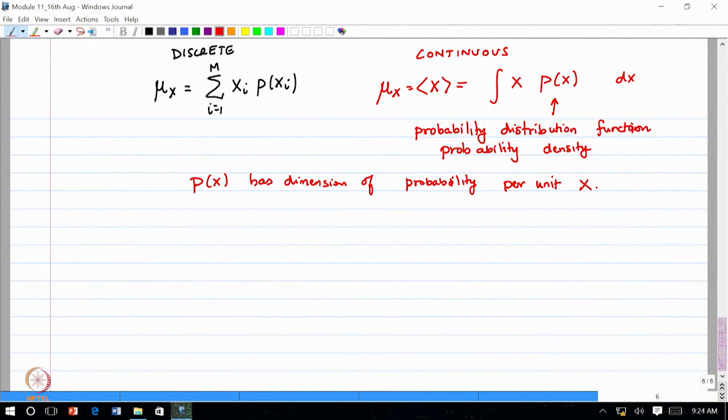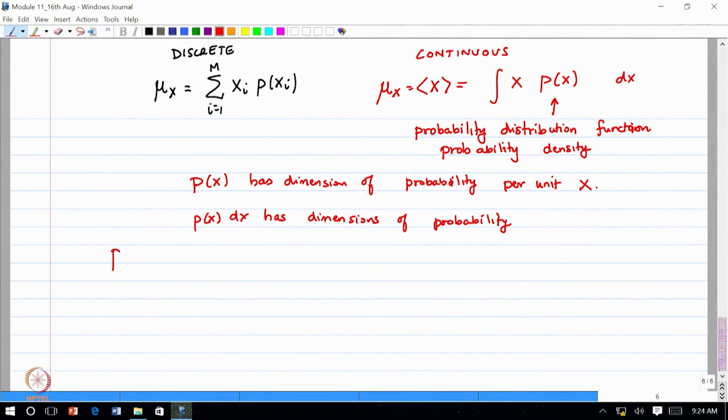Because x p(x) dx has units of x, p(x) times dx has units of probability. This is a very important point.